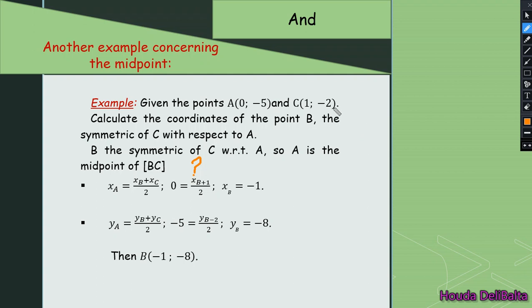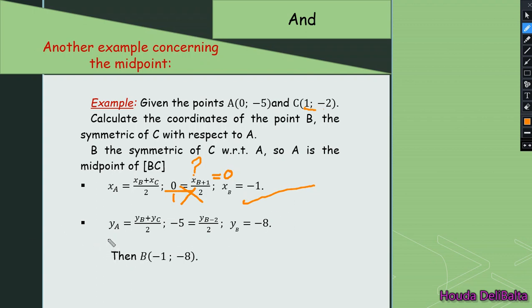I have XC, which is minus 2. Sorry, XC is plus 1. So I have XB plus XC over 2. Now I put 0 over 1 and I cross multiply, then I get XB plus 1 times 1, 0 times 2 is 0. Then XB plus 1 equals 0. So taking 1 to the other side, XB is equal to minus 1.